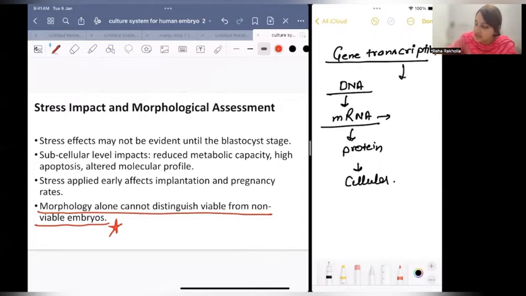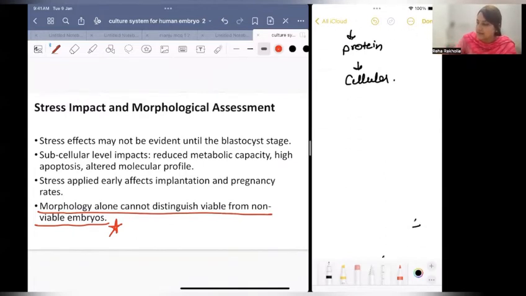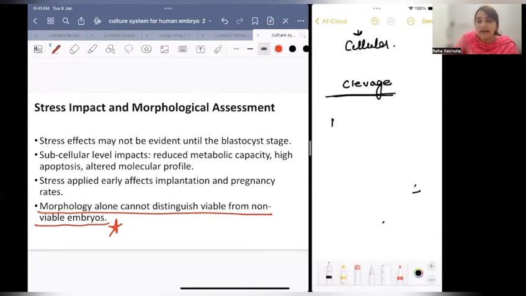The cleavage stage relies on maternal genetic material and protein, which is why its capacity to adapt and regulate its internal processes is restricted.